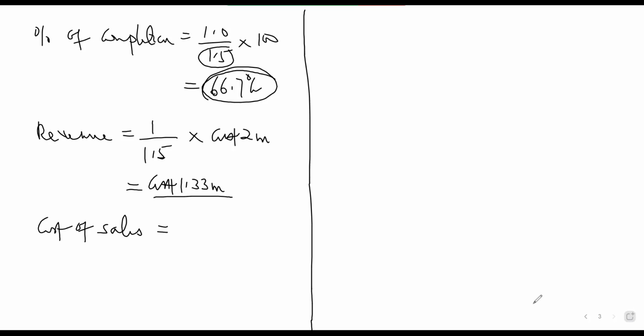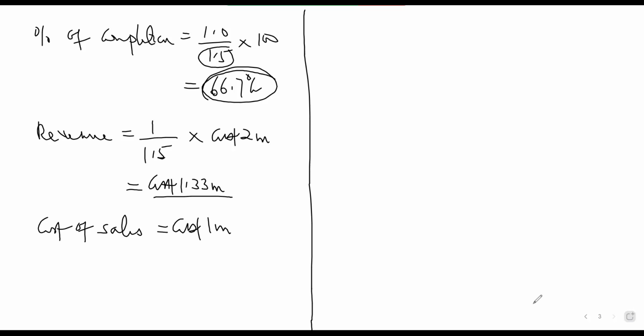What will be the cost of sales? What do you think will be the cost of sales for them? That's 1 million. The cost of sales will be the 1 million, unless you are using a different one. So the cost of sales will always be the cost that you have incurred to date.